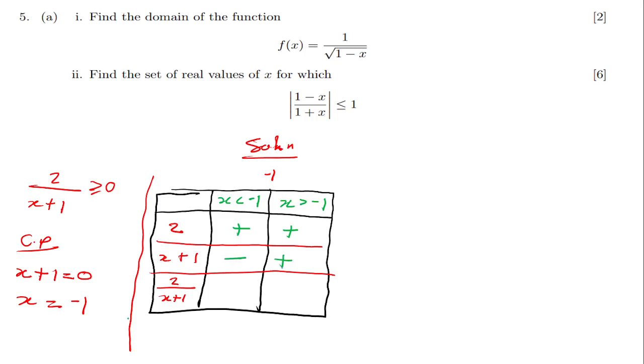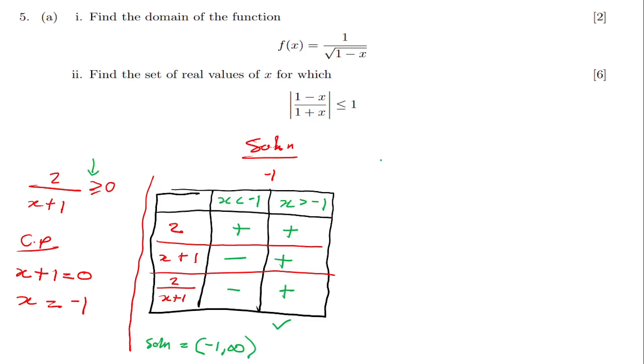So positive over negative gives you negative, and positive over positive gives you positive. What answers are we looking for? If you check from the arrow there, it's telling you that we want the positive. Therefore, the solution here is simply equal to open bracket negative 1 comma positive infinity, you end like that.